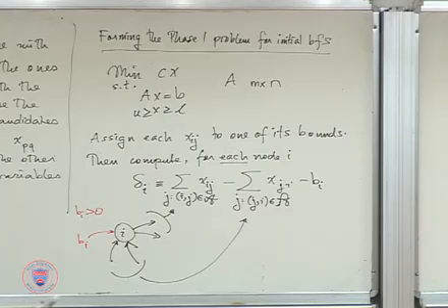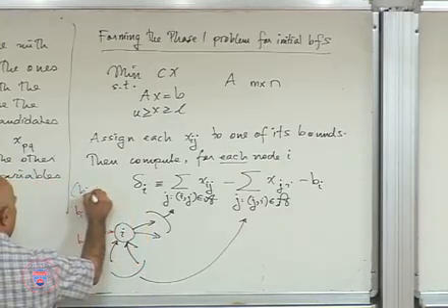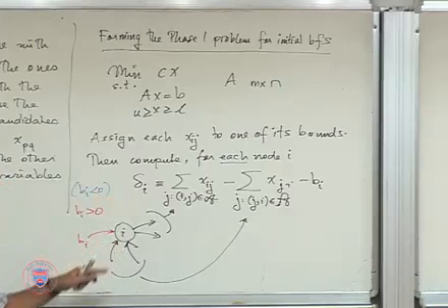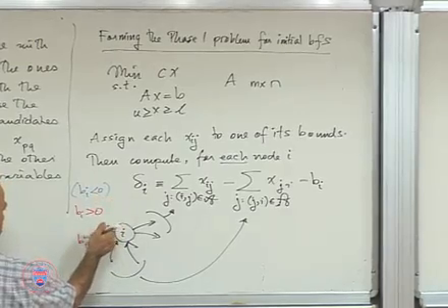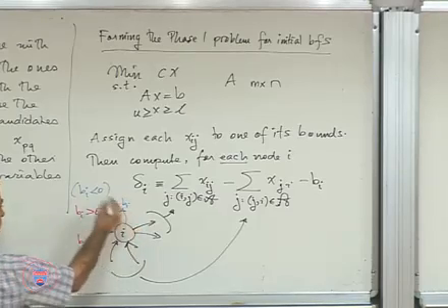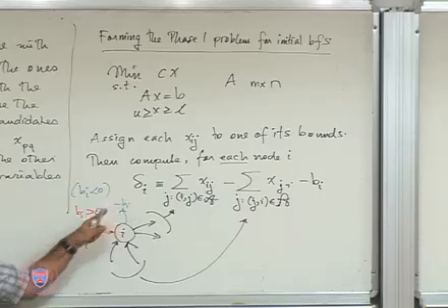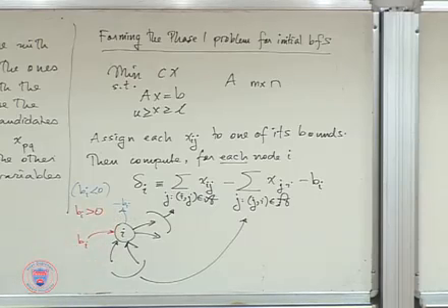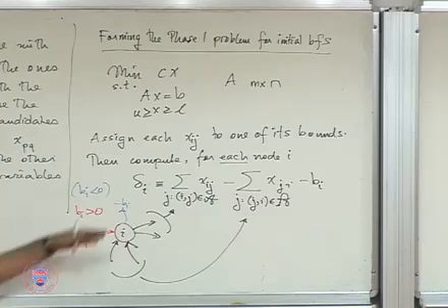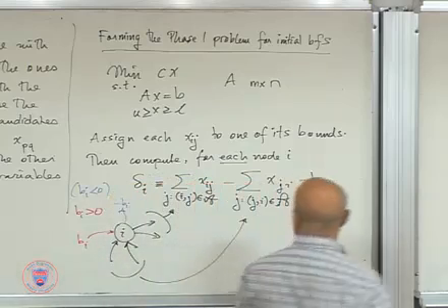If, on the other hand, bi is negative, in this case, this is a demand node, which means that minus bi units are coming out. So either the red or the blue one applies. Don't think that they both apply. If bi is 0, you forget the blue or the red one. All right, so this is the net flow.